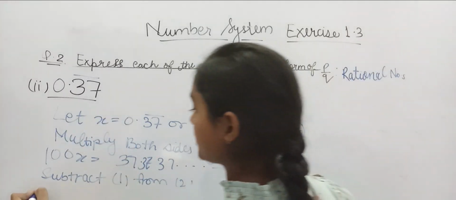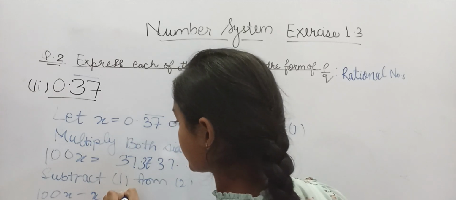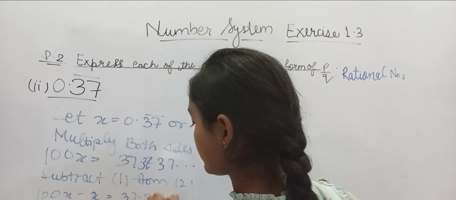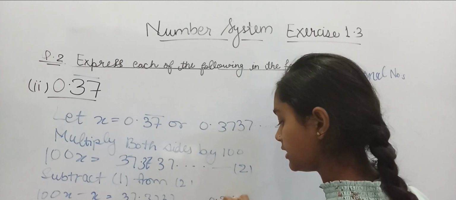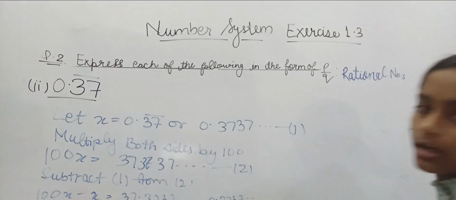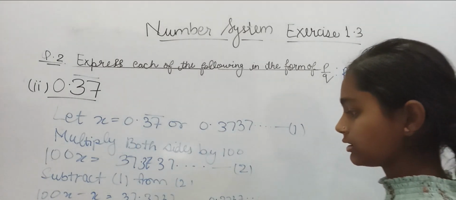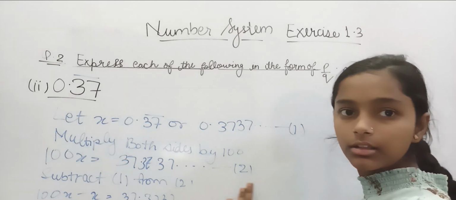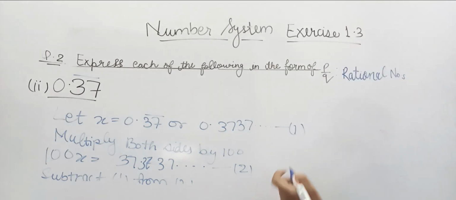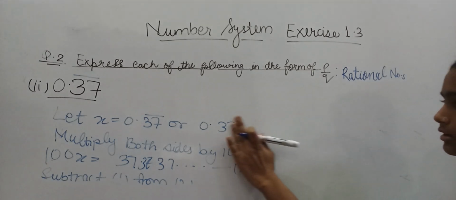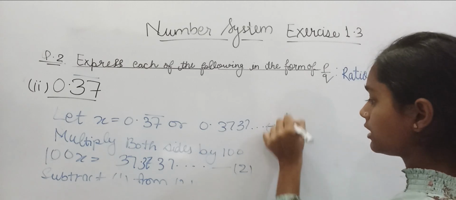We'll do the same thing. 100x minus x is equal to 37.3737 and so on, minus 0.3737 and so on. It is not quite visible, so I'll just write it here: 0.3737 and so on, the first equation.